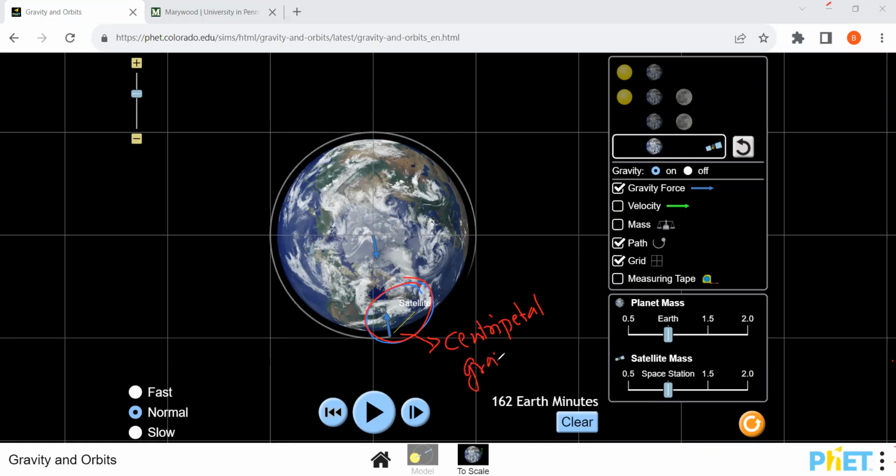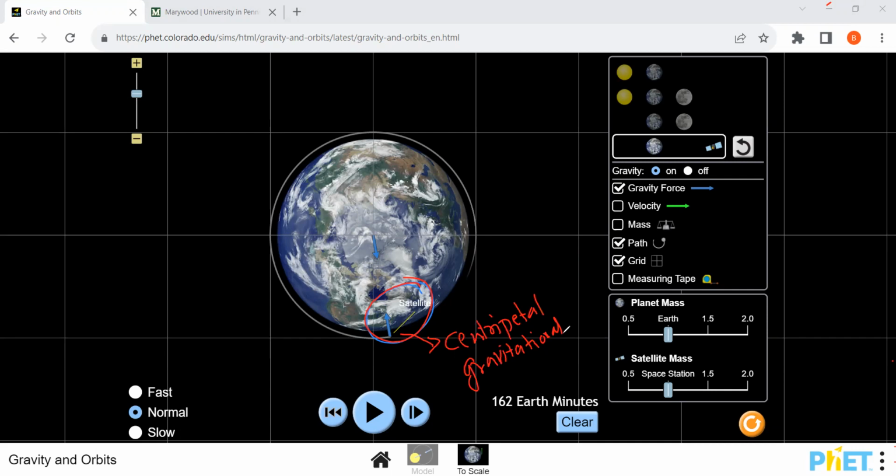Although we did not learn about the gravitational force between the satellite and the planet, which we are going to learn in the next lecture, just assume that there is a force, and this force is basically the gravitational force.